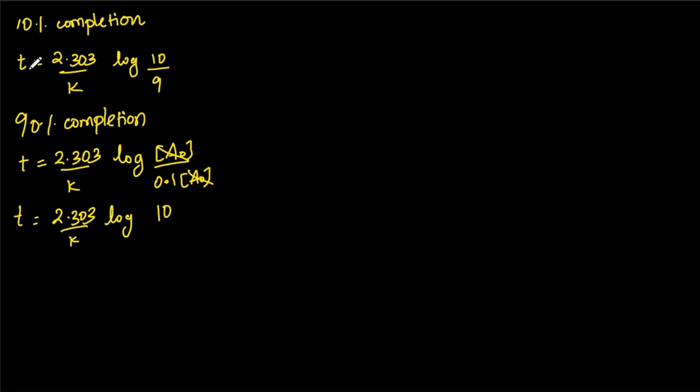So now let us keep this 10% completion as T1 and 90% completion as T2. According to the question, T1 should be equal to 25 times the time taken for 90% completion, so 25 into T2. When you take this T2 to the left hand side, T1 by T2 should be equal to 25. So this has to come.